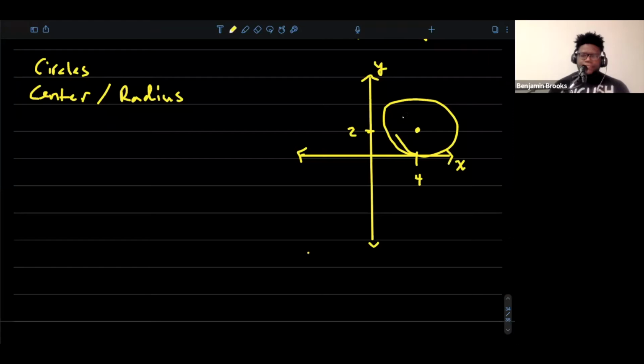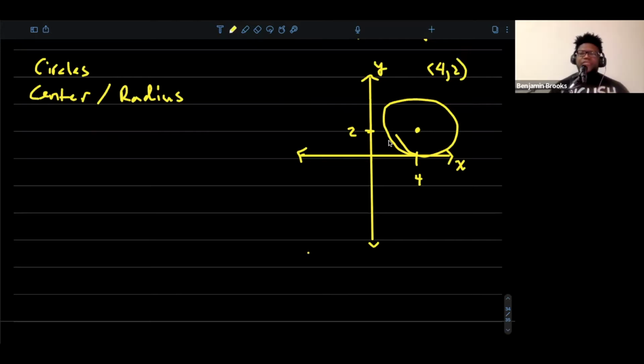All right. So the first thing that we're going to do is determine the center here. So the center of this circle, even though it's not a great looking circle, would be the point 4, 2. Now this is important when it comes to determining the equation of this circle.